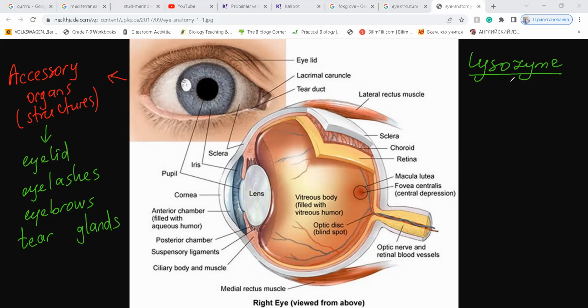And also, last accessory organs are muscles, guys. You know that in the eye, we have different muscles. For example, the iris, we will talk about it, is also a muscular structure. We can find muscle in the ciliary body.